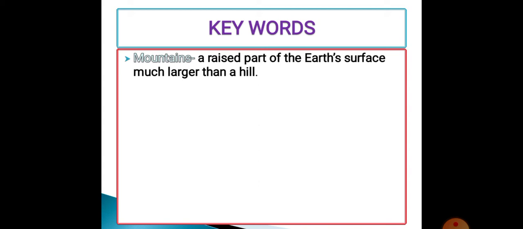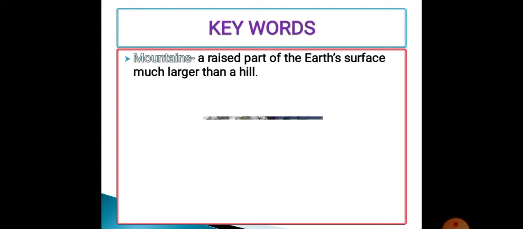Yes, it's the highest, and it's bigger than the hills, they say. Have you seen any mountains? For example, Mount Everest and the Himalayas, which are like borders. They keep protecting our country from any kind of invasion from other countries.